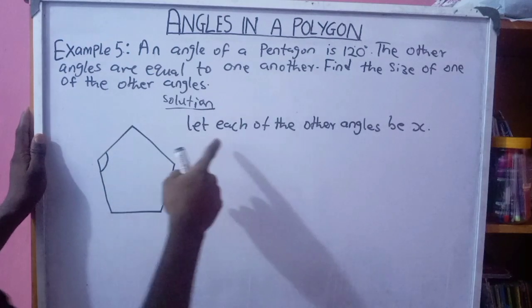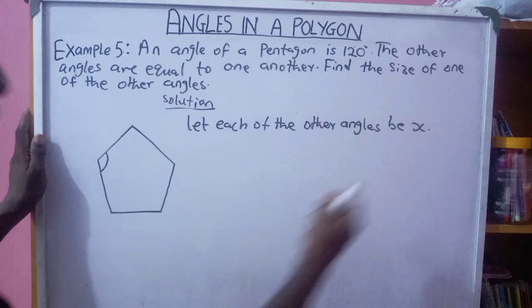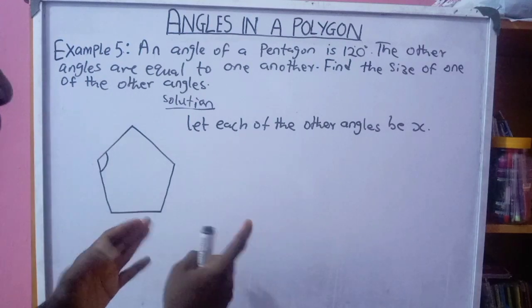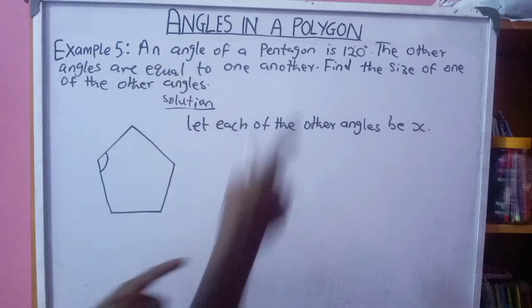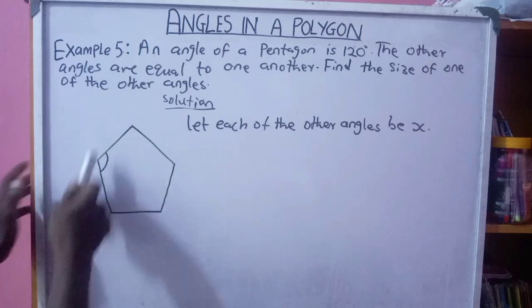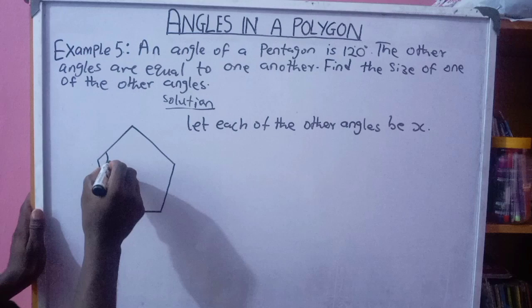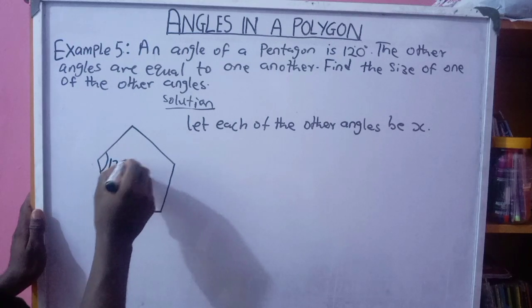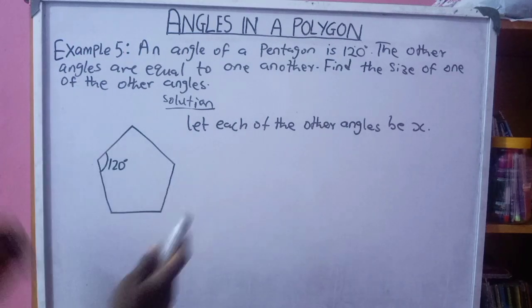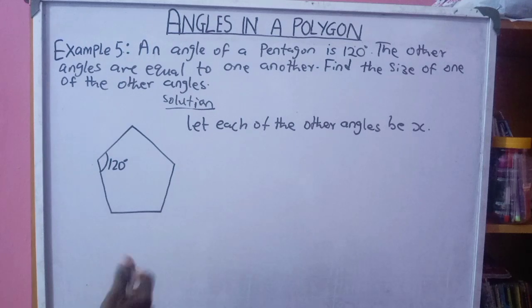We now say let each of the other angles be x. Since they said one angle out of the 5 angles is 120, look at a pictorial example of a pentagon. Assuming this is the one that is 120 degrees, this is one angle out of the 5 angles of a pentagon that is 120.